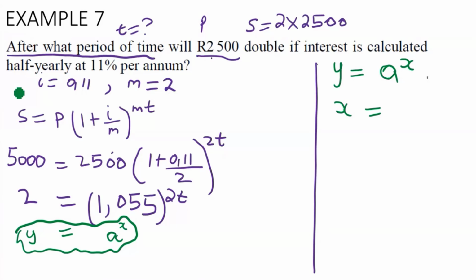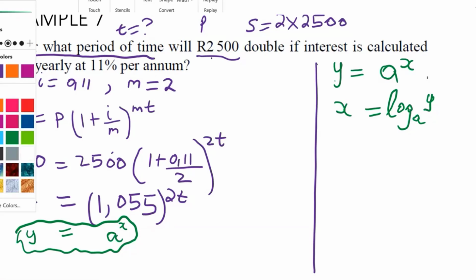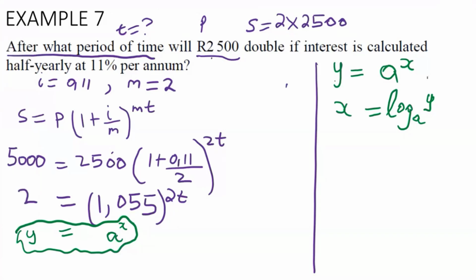So to use the logs, transferring between exponents and logs, your x is equal to the log to the base a of whatever you find on the other side, which is y. Okay, so this is the concept that we are going to be applying here. Some people like to use the natural log. You can use the natural log, or you can use this log, the logarithmics.